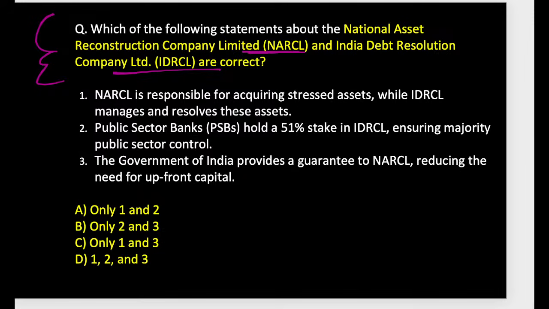NARCL, which is also known as Bad Bank, is also part of the last unit from the same module. NARCL is responsible for acquiring stressed assets, while IDRCL is managing and resolving these assets.